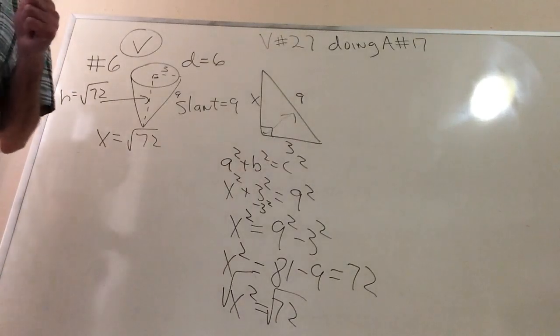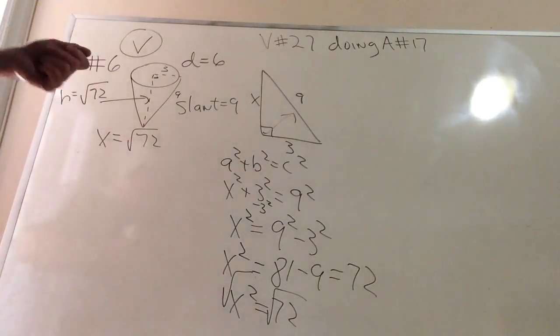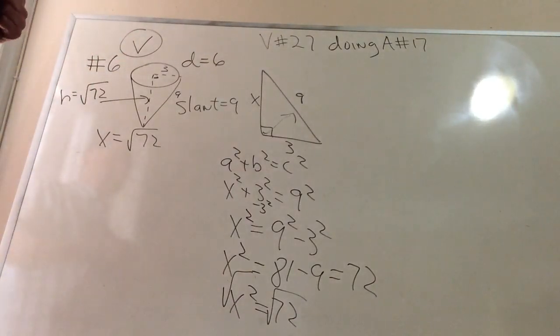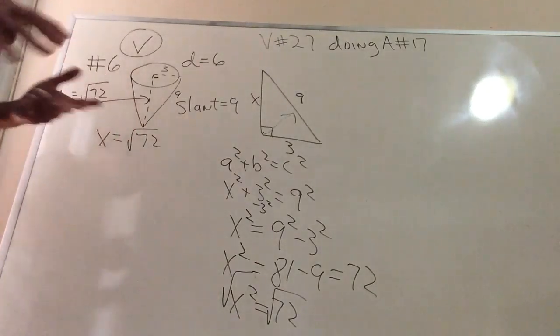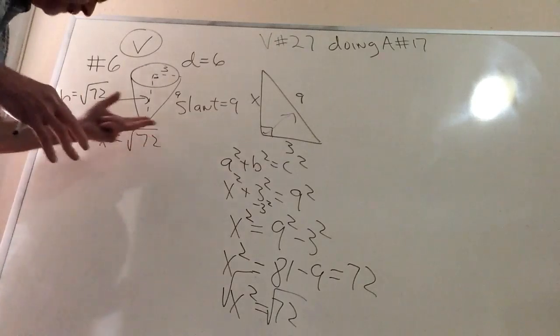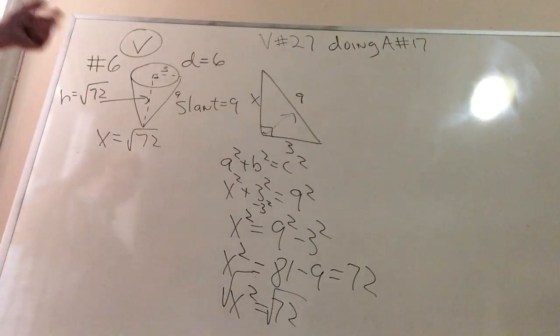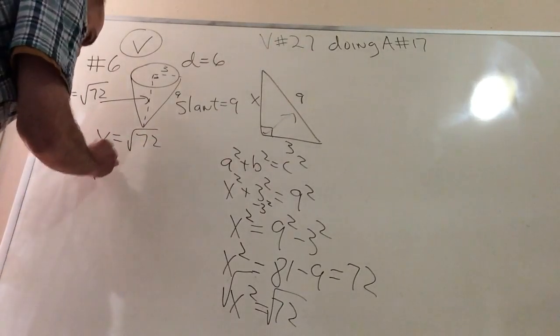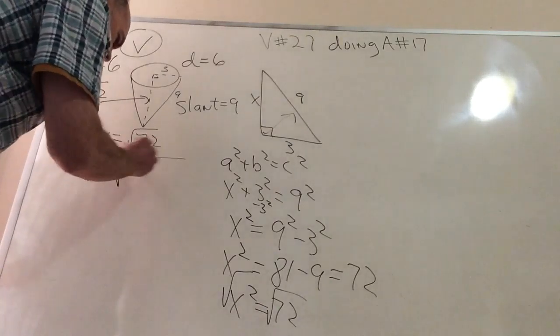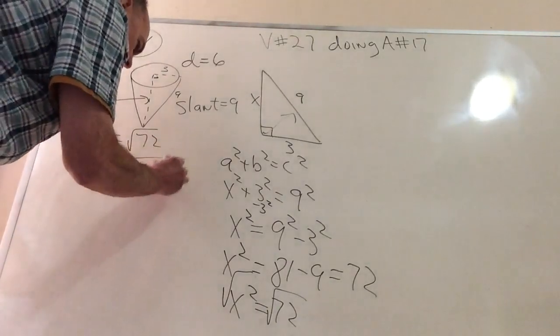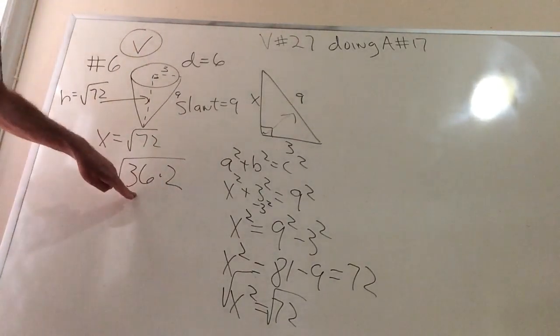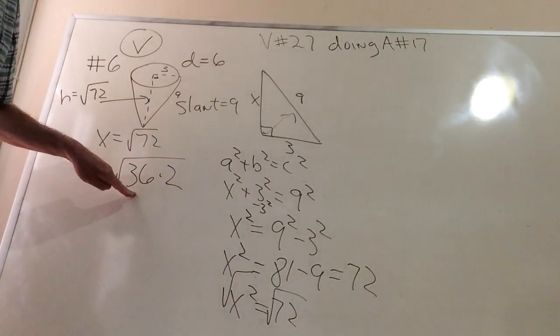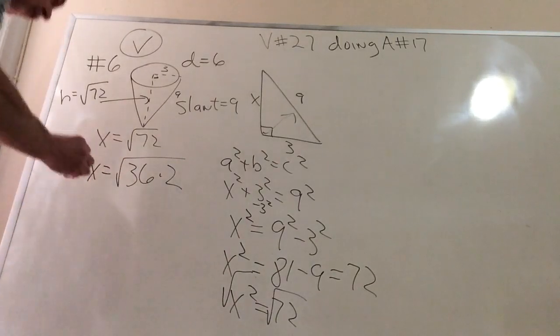But in math, if the numbers are right, we can simplify these radicals. And what we do is we look for a perfect square, the biggest one we can find, that fits into 72. Oh my God, if I think about it, it's equivalent to say that 72 equals 36 times 2. But why does 36 work? 36 is what? Another perfect square.